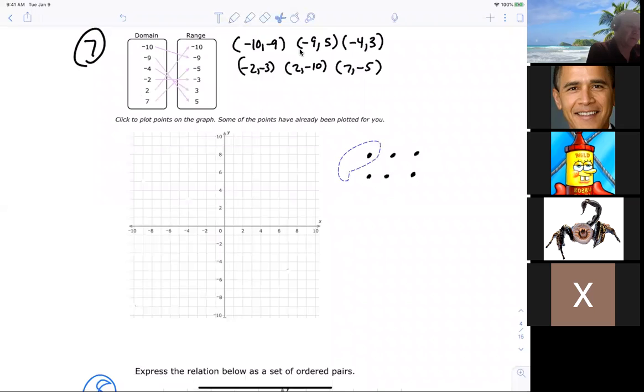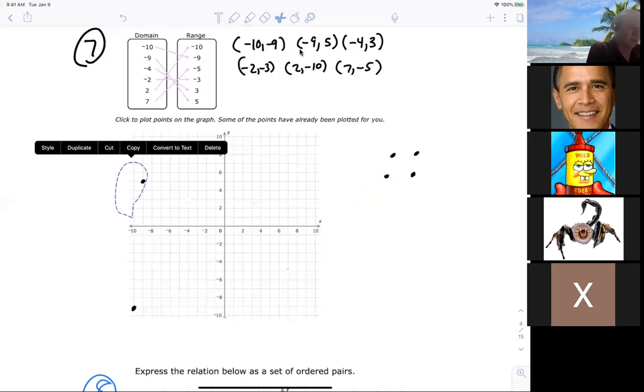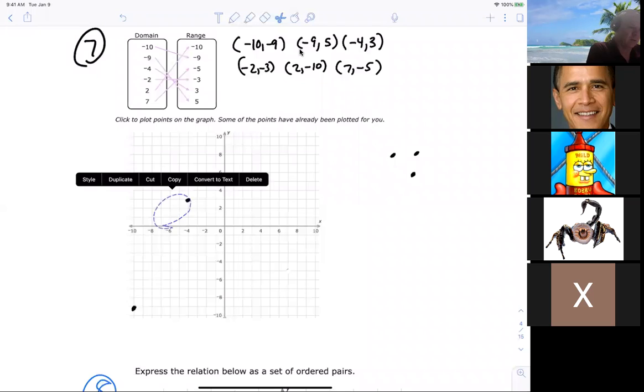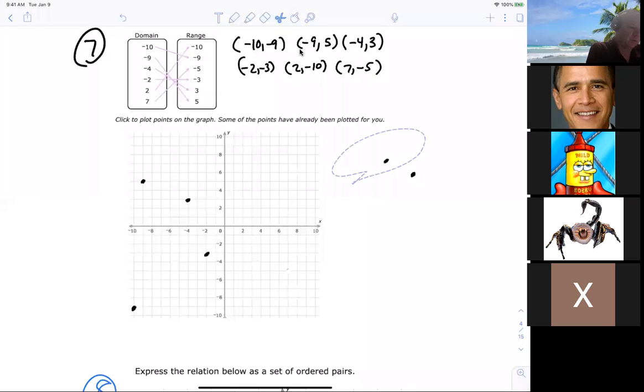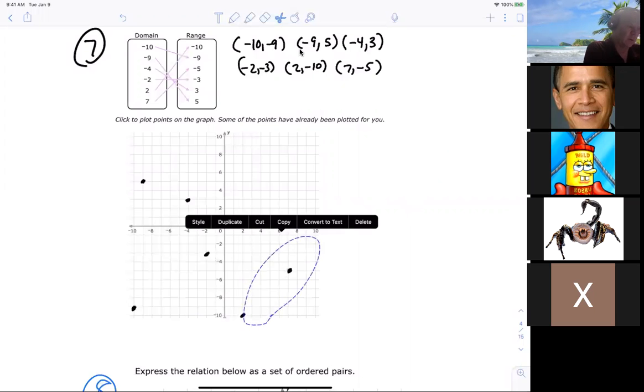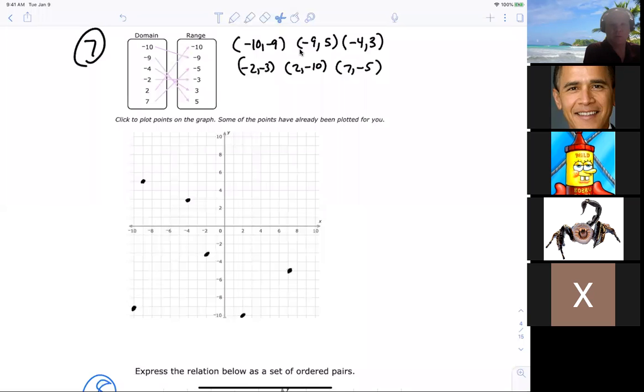So now I have -10, -9; -9, 5; -4, 3; -2, -3; 2, -10; 7, -5. All right, does anybody have any issues?